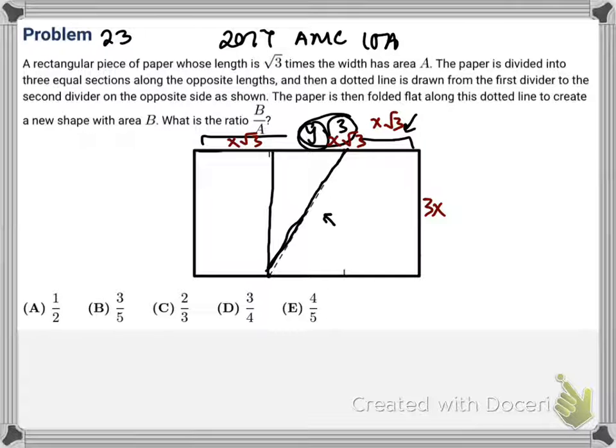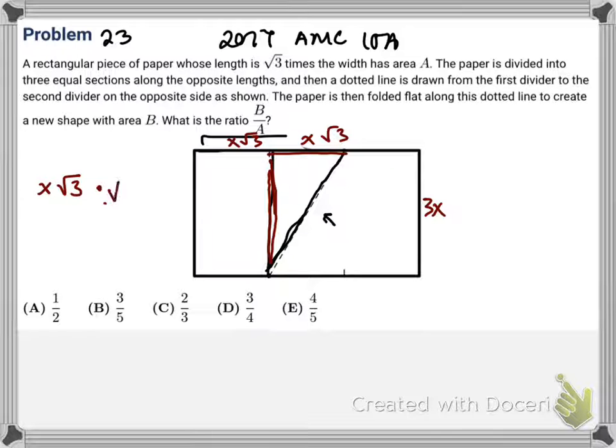Taking a look at this triangle first, I see that this side length is x root 3 and this side length is 3x. And what that shows me is that this is a special type of triangle, because x root 3 times root 3 is 3x.